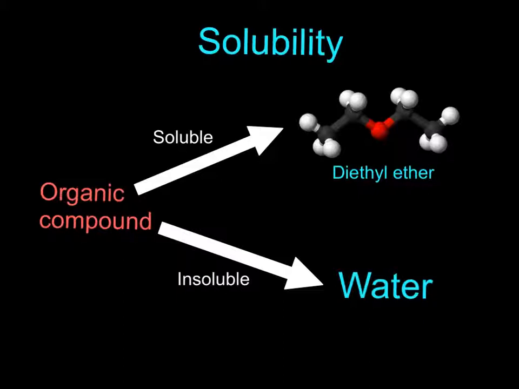Again, today we use the difference in solubility to separate the components. Organic components are insoluble in water, but they are soluble in diethyl ether, because diethyl ether is a less polar organic solvent than water.